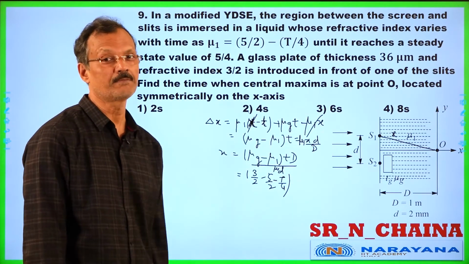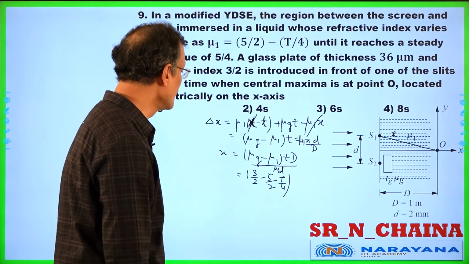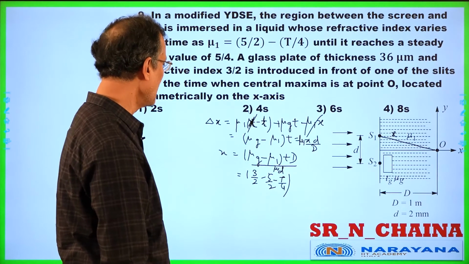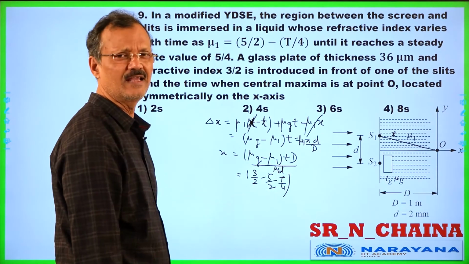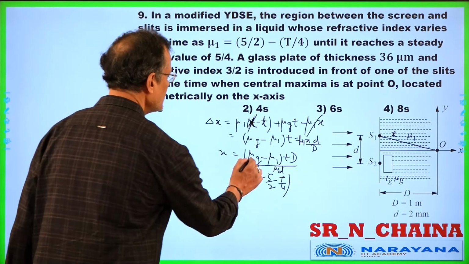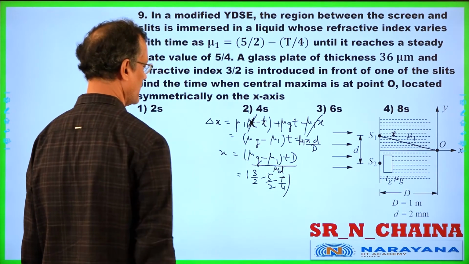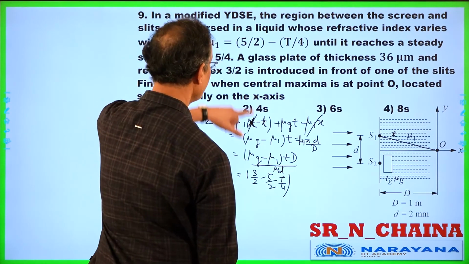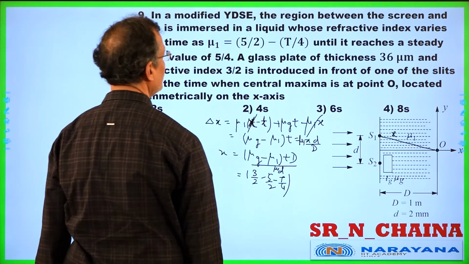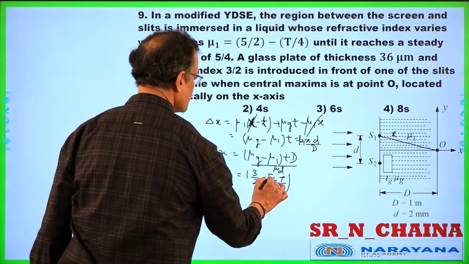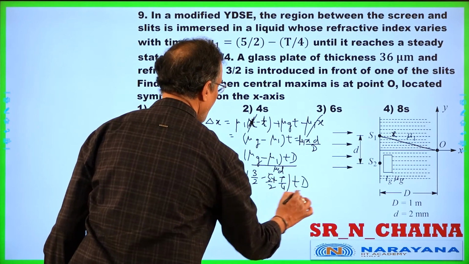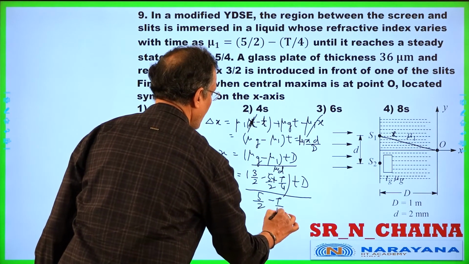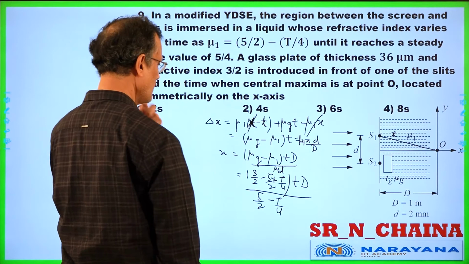So x will be equal to (mu g minus mu1) t d by mu1 D. Other distances t, d and D we are not much interested in. We are interested in (mu g minus mu1) by mu1. The first mu g is 3 by 2 minus mu1, which is 5 by 2 minus t by 4, so it will become plus t by 4, over mu1, 5 by 2 minus t by 4. So how much are you getting for this one?